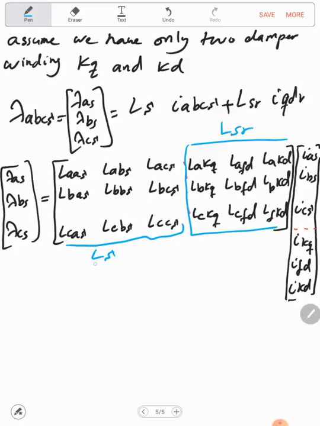So this is the self-inductance of the synchronous machine, and this is the mutual inductance between the stator and the rotor. So now we need to calculate the self-inductance, and we need to calculate the mutual inductance. So let's start to calculate the LS, which is the stator self-inductance.